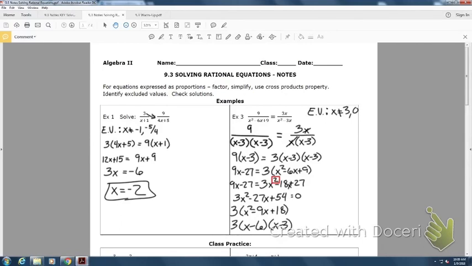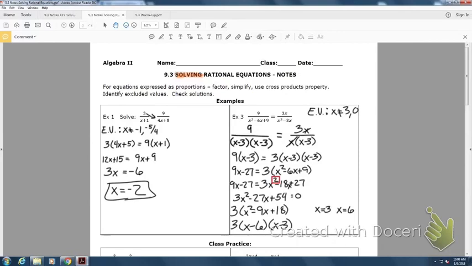Now, remember what we're having to do here and what your answer should look like. If I'm having to solve, what do I need to do with those two factors? Set them equal to 0. So I've got x equals 3, and I've got x equals 6.